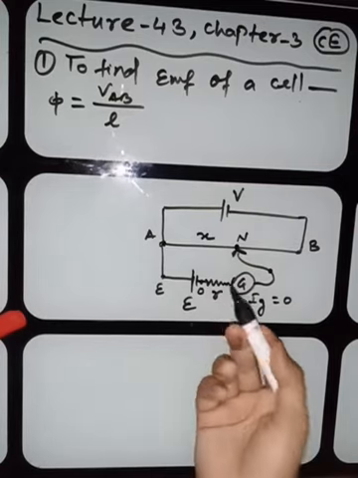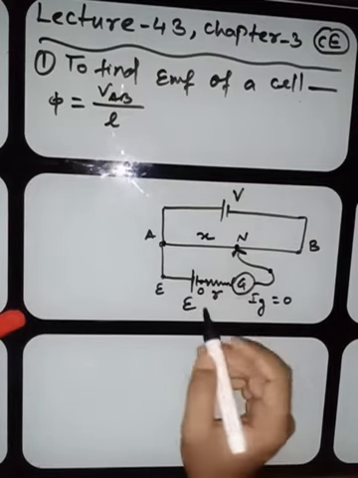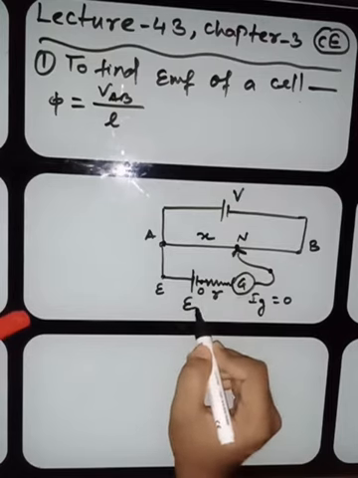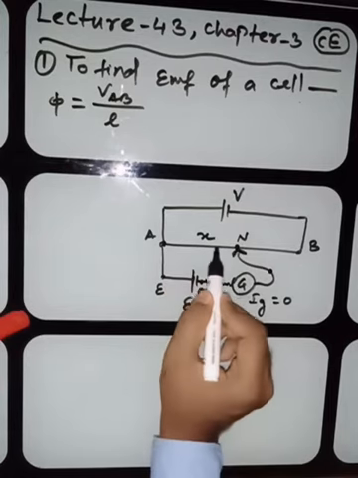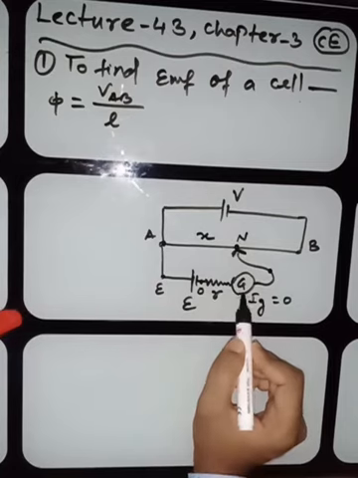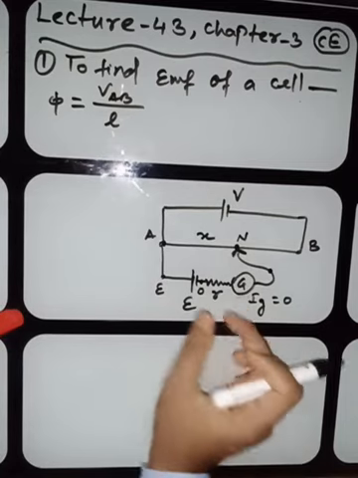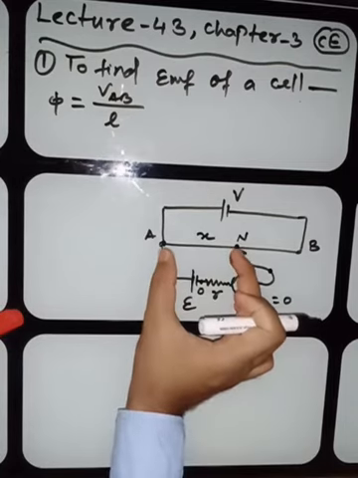Fantastic. By using this particular instrument, even if we don't have the value of E, by only finding this length where the galvanometer gives 0 deflection, you will find the value of X by experiment.